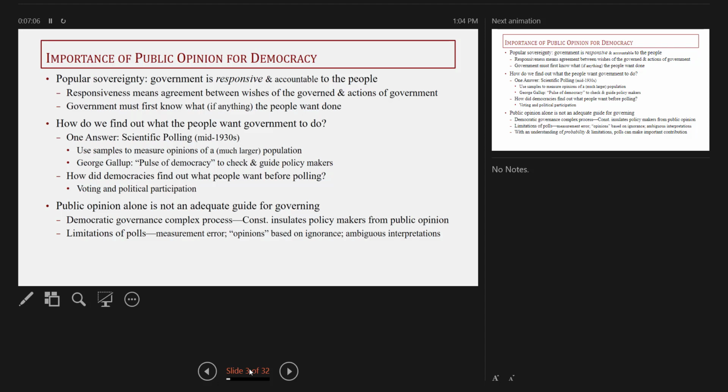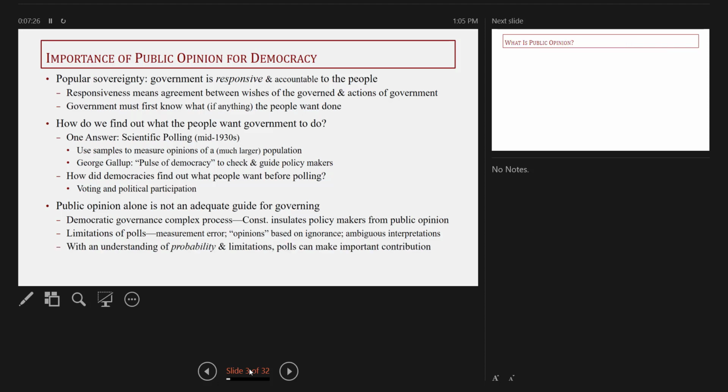It's just based on ignorance. The respondent just gives a response off the top of their head. And we're also going to learn that how to interpret what public opinion polls mean is not always straightforward, that there's some ambiguity.